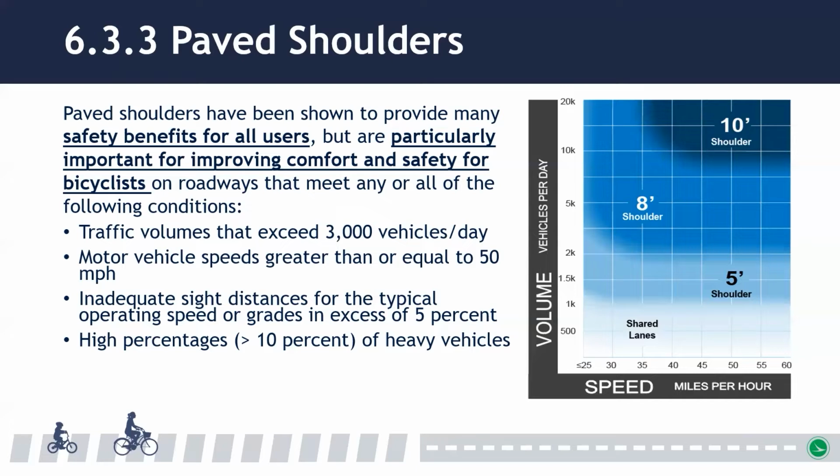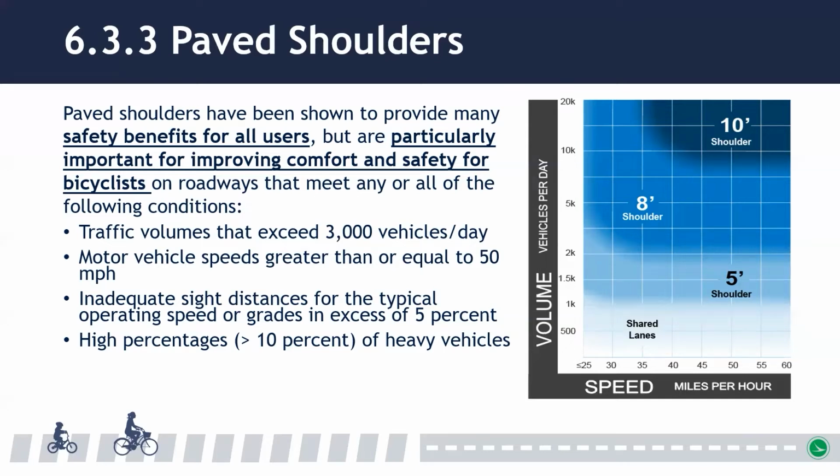Shoulder width designed to accommodate bicyclists should be based on the roadway characteristics as seen in this chart. On two-way roads, it is preferable to provide paved shoulders on both sides of the road. However, in constrained conditions, the guide provides information on how to use the available space best.